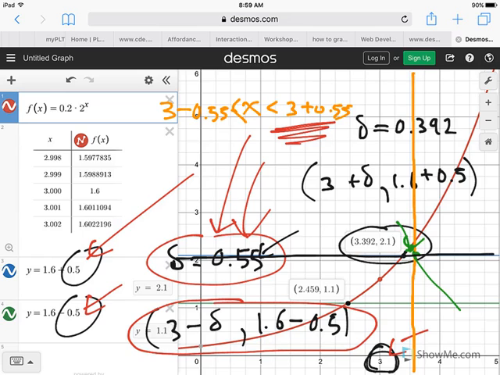So that's why you don't want to choose the left intersection point between the horizontal line and the graph, but you want to choose the right point because it's going to give you a smaller range of input values which will work on both sides rather than just one.